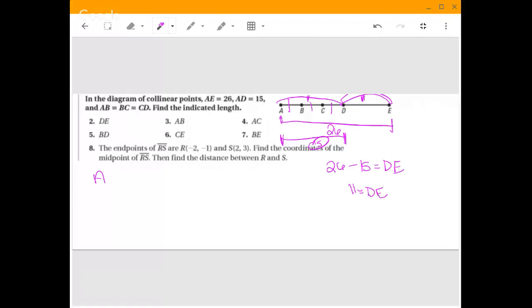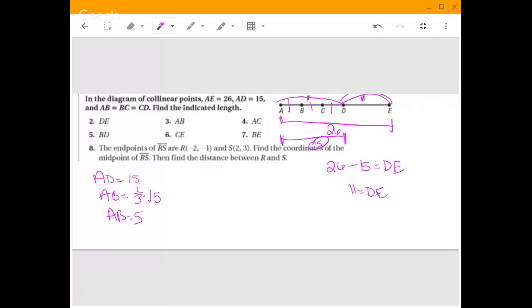So if AD equals 15, AB equals 1/3 of 15, right? Right. Because AD is divided into 3 equal sections. So if we take 15 and divide by 3, we get AB equals 5. Does that help? Yes.